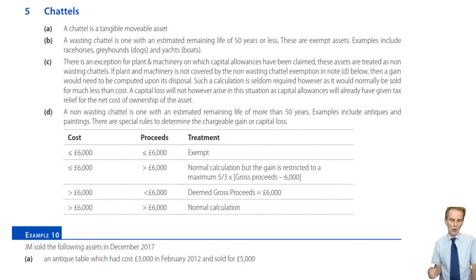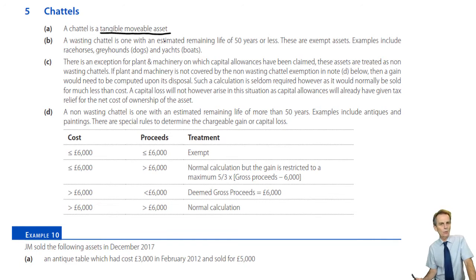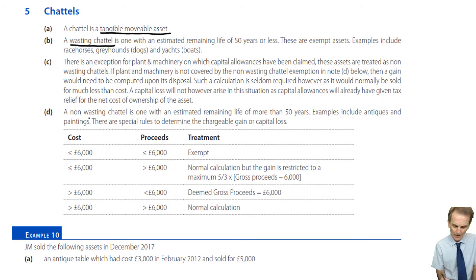Okay, what do we know about a chattel? Definition: a tangible, movable asset. What we're going to see is that these chattels will be split into two categories: those which are wasting chattels and those which are non-wasting chattels. Firstly, the wasting chattel.